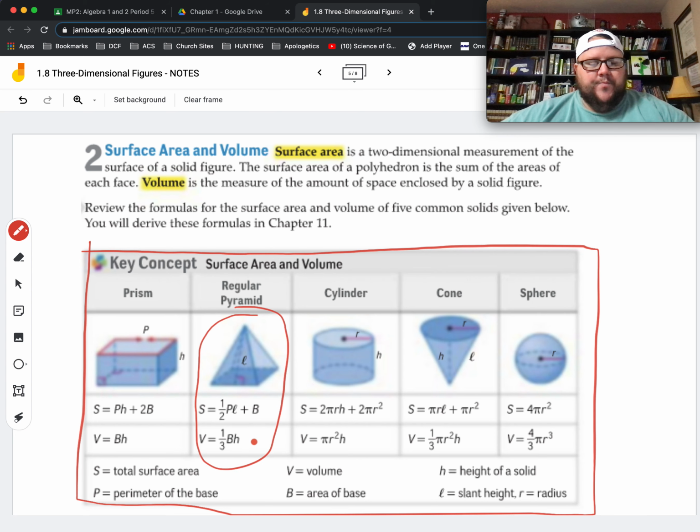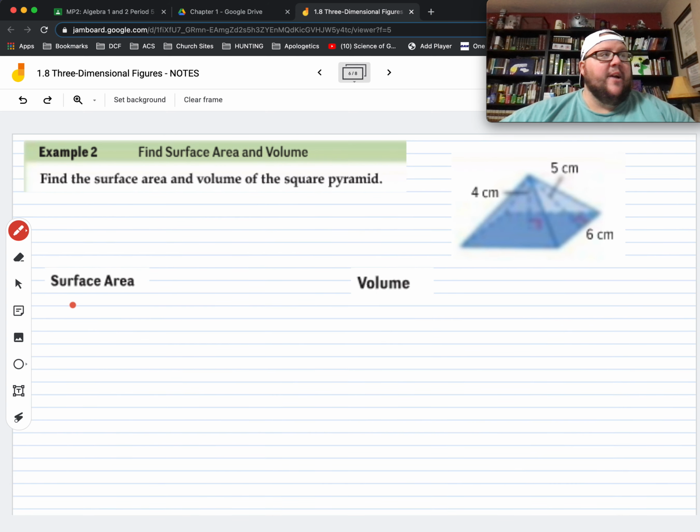So for surface area, my surface area of a pyramid is 1/2 times the perimeter of the base times the slant height plus the area of the base. And then my volume was 1/3 the area of the base times height.